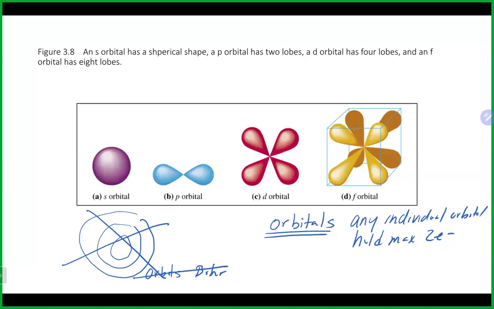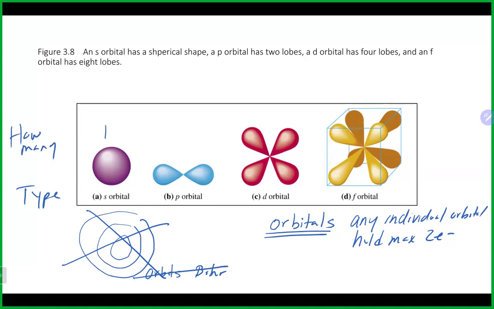There are different types of orbitals. There are s orbitals. These are the types here. And as you can see, the s orbital is basically a sphere. How many of these orbitals are there? Well, for s's, there's only one. There's only one s orbital.